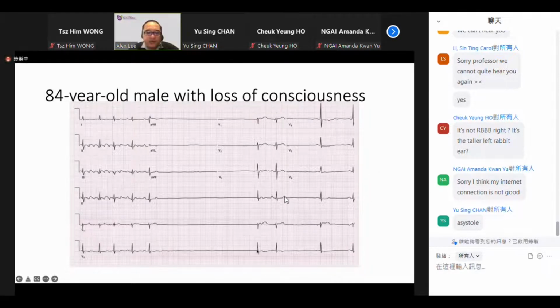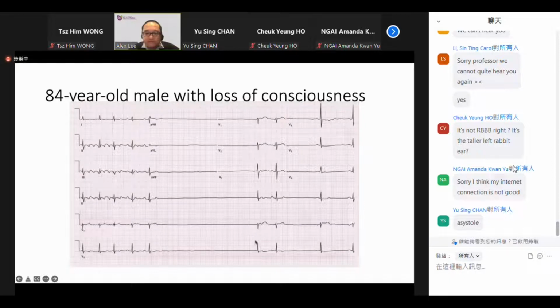And here, finally, there is a junctional rhythm. This is a junctional rhythm with no P wave before it, because after the heart has stopped beating for some time with the sinus arrest, the AV node will take over.